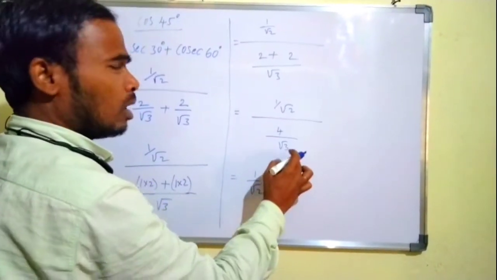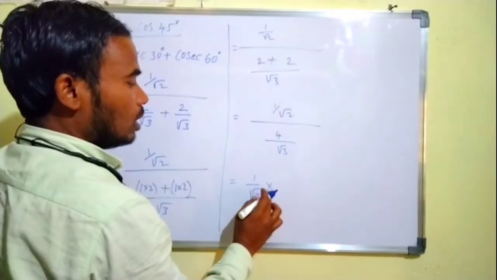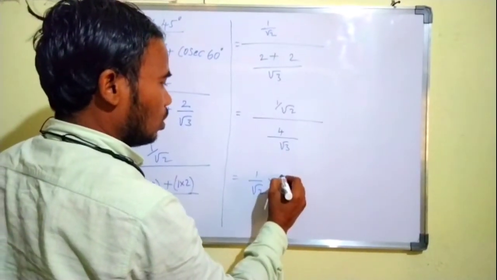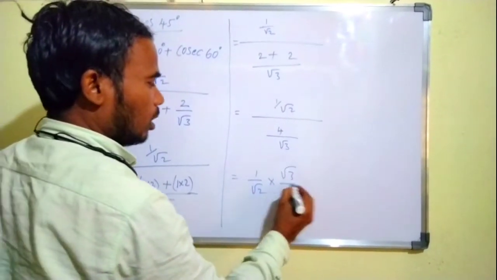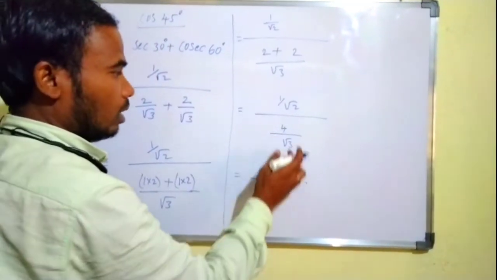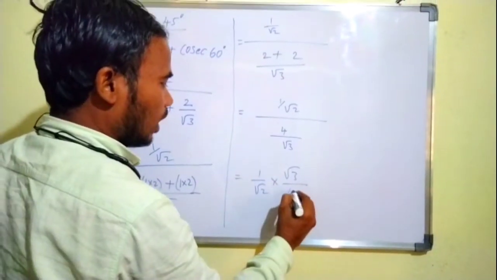The denominator fraction 4 by root 3 becomes a multiplication, taking its reciprocal, root 3 by 4.